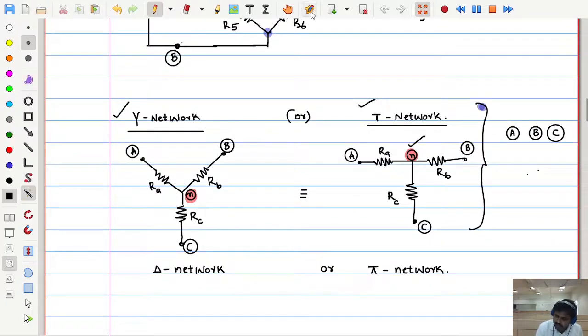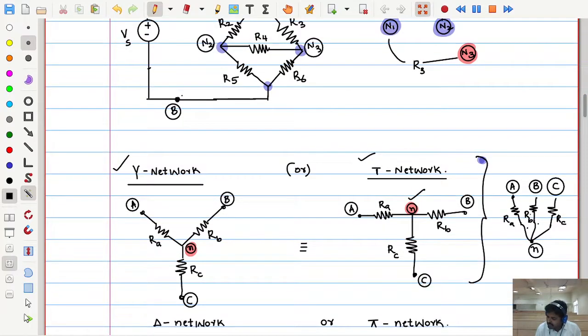So three elements are like this. One element is connected to A, one element is connected to B node, other element is connected to C node. These three elements must be joined together at one point. That is what the small n is. Could you see this kind of characteristics in the given network? Just try to identify.